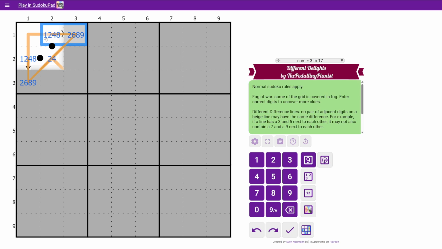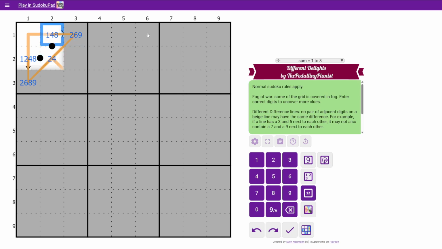If it was 8, 2, this would be 4. Oh, well, that one will not work then. If this was 8, 2, this would have to be 4, and this would have to be 2 or 8, and that cannot be.